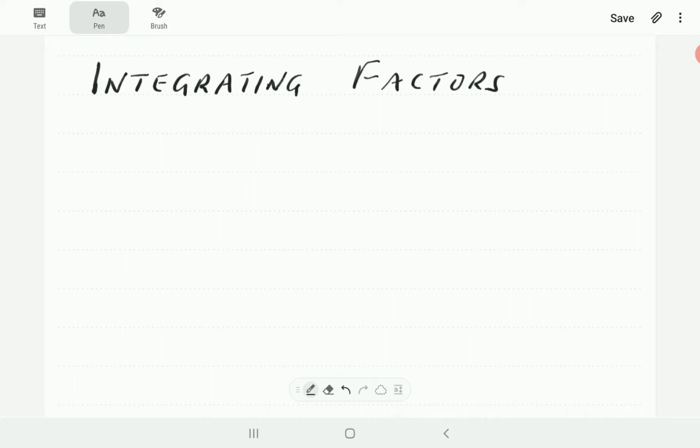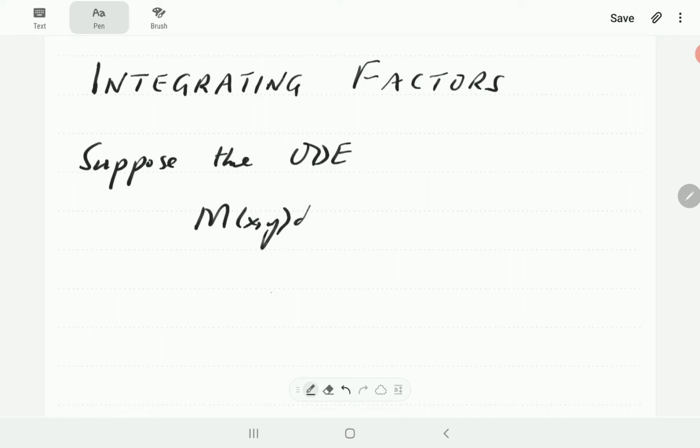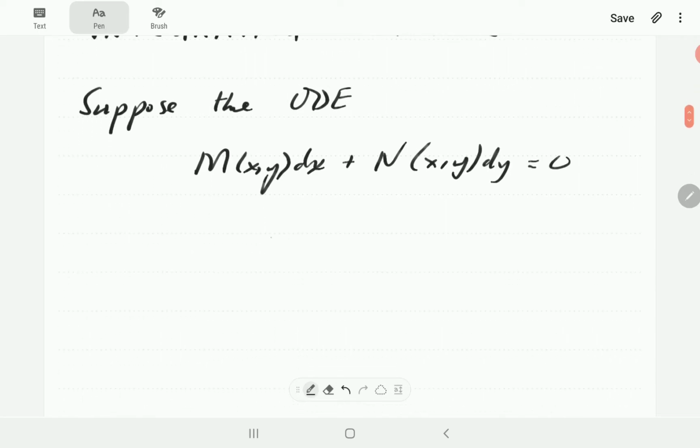Well, if we start with an ODE, so suppose the ODE M dx plus N dy equal to 0.